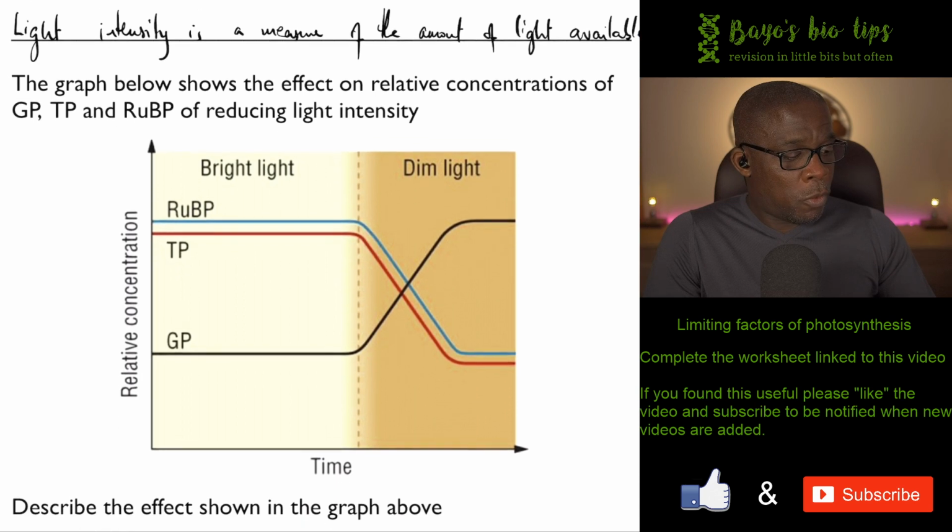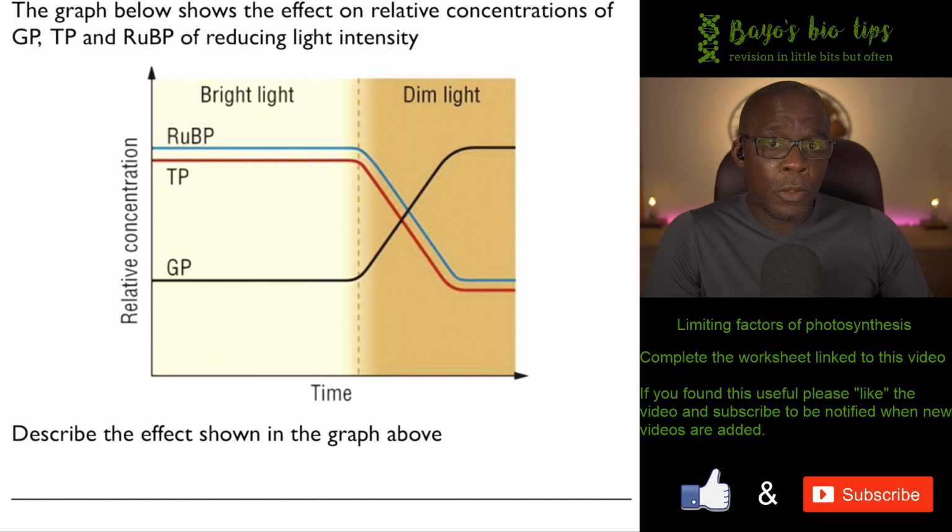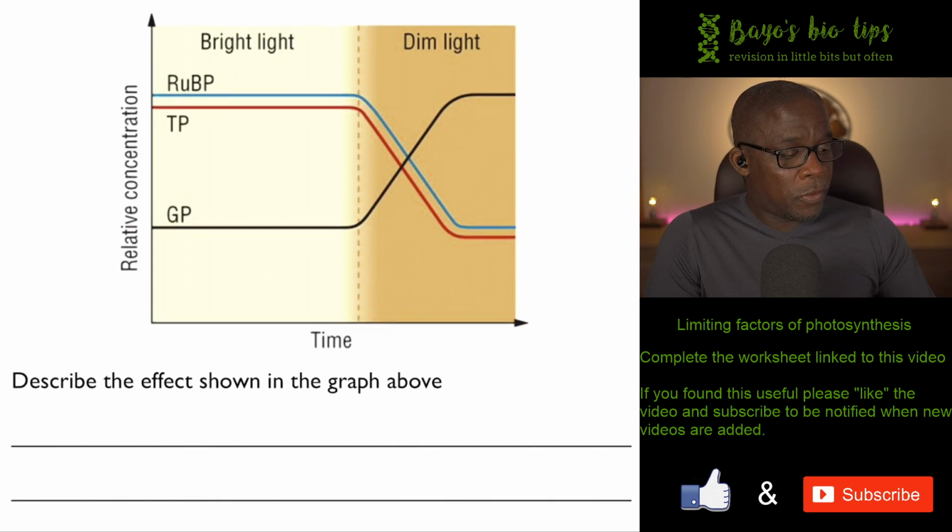So let's have a look at what the effect is of light intensity on the concentrations of the different substances we've talked about. As you can see from the graph, if we dim the lights and thus reduce the amount of light available, we reduce the light intensity, you end up with a drop in concentration of RuBP and TP. But you end up with an accumulation or an increase in the concentration of GP. So let's write that down.